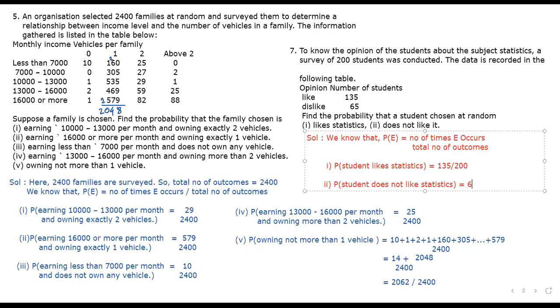How many? 65 upon 200. Yes or no? Simple question it was. Yes, sir.